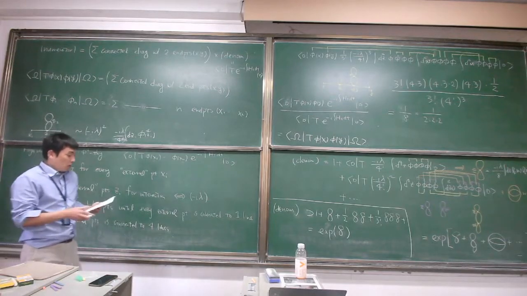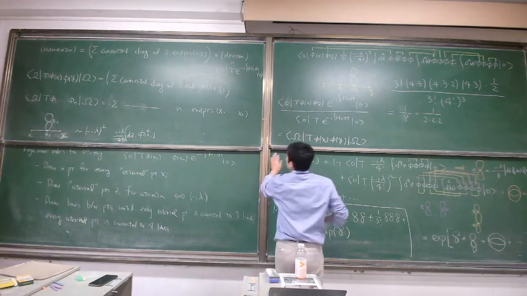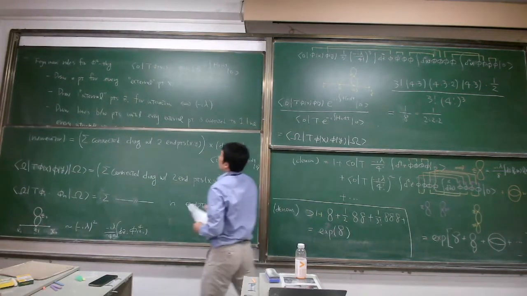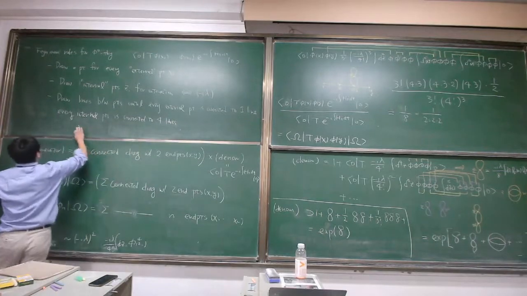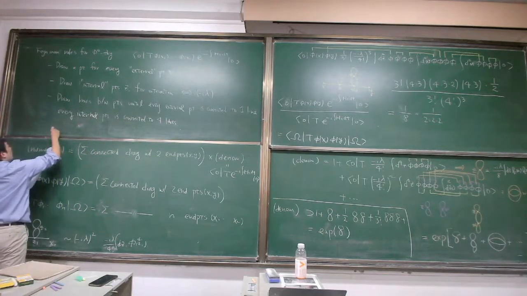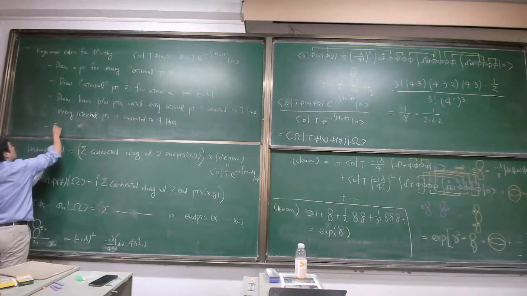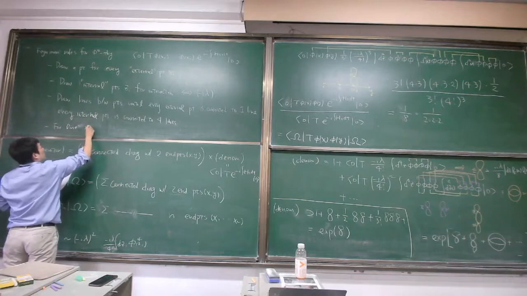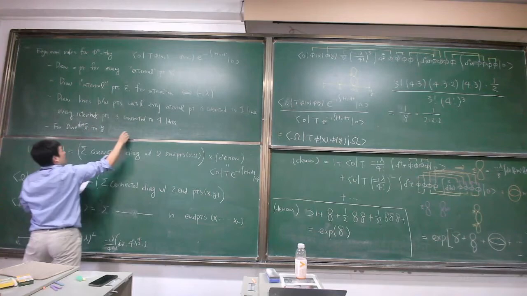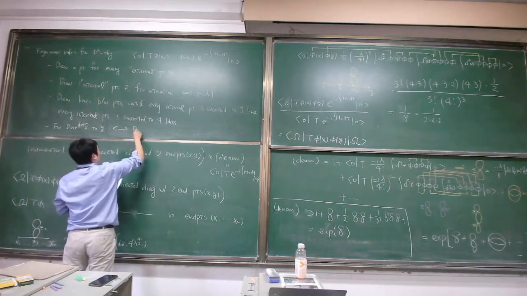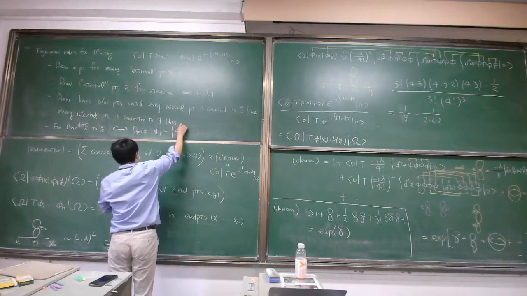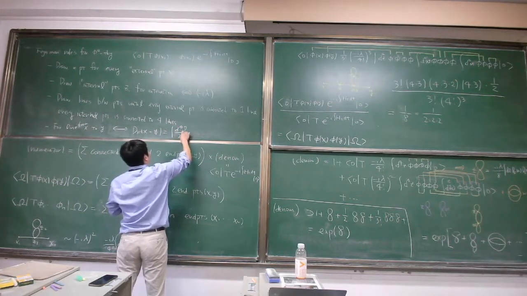And then let me continue here. For a line from x to y, we assign D_F(x minus y), which is the one we derived.